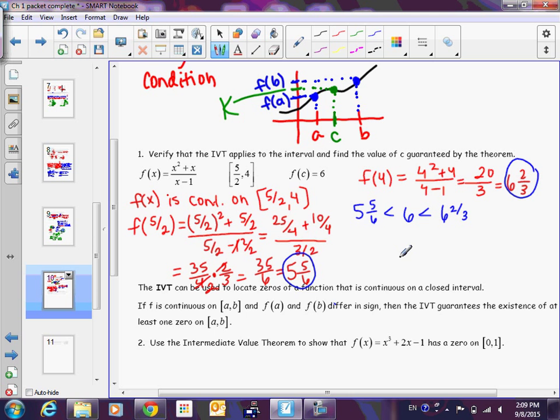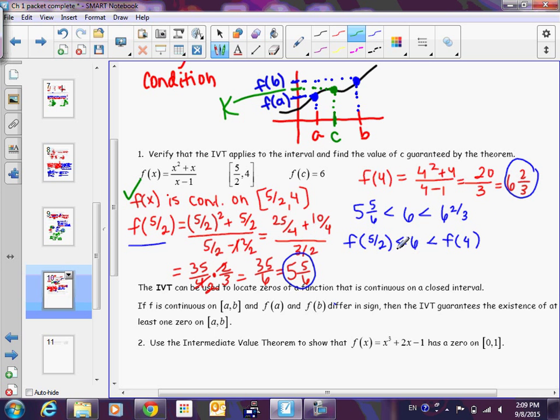Then we need to relate this back to the function. What was 5 and 5/6? Well, it was f of 5/2. What was 6 2/3? It was f of 4. So thinking back to IVT, intermediate value theorem, I said what the condition was.